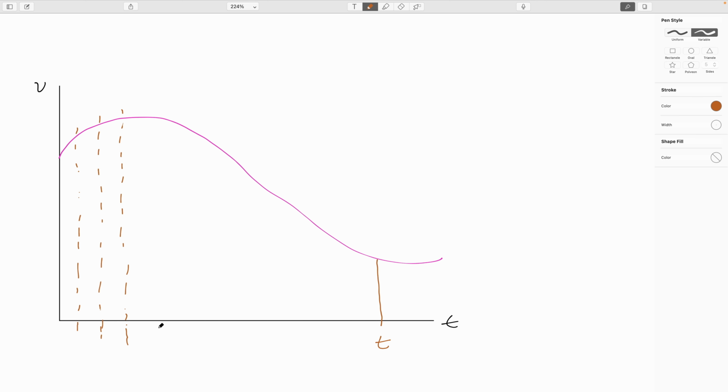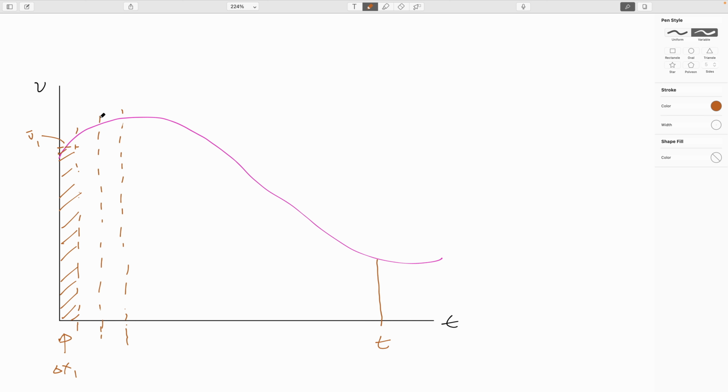I can say if the time interval is small enough, the value of the instantaneous velocity at any given time is never that far away from the average velocity over that interval. So this would be the average velocity over this first time interval right here. Let's just say that's v bar 1. Then we can do our area under the curve trick, and for this small time interval right here, this is my displacement for this first time interval.